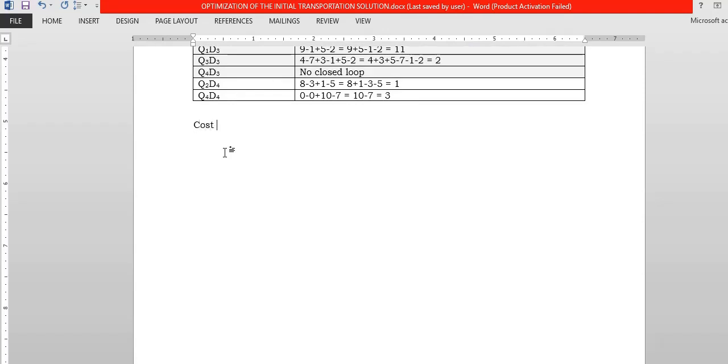Total transport cost before optimization, computation of total transport costs before optimization, and we see what we have.